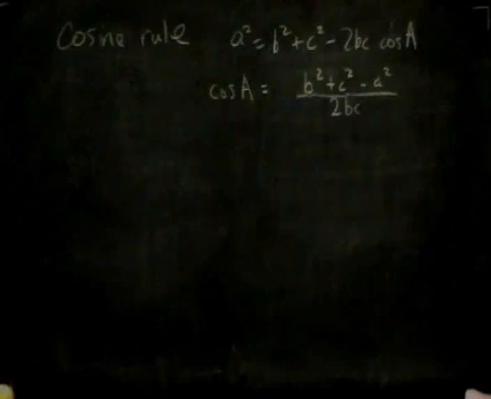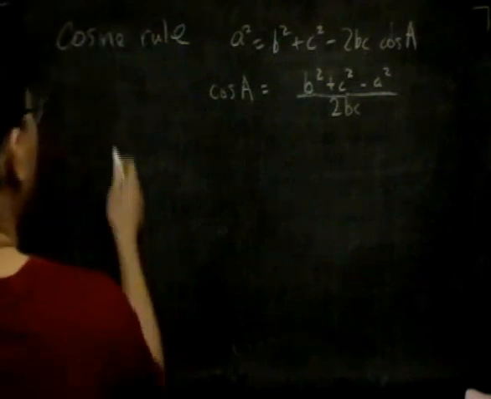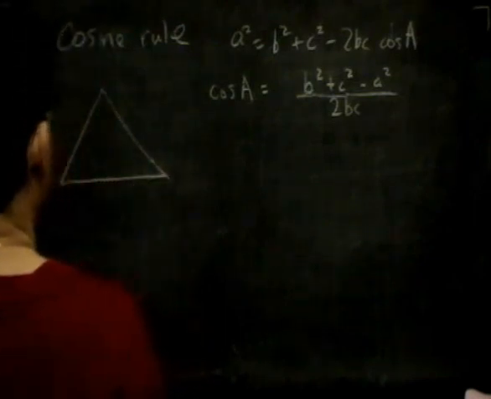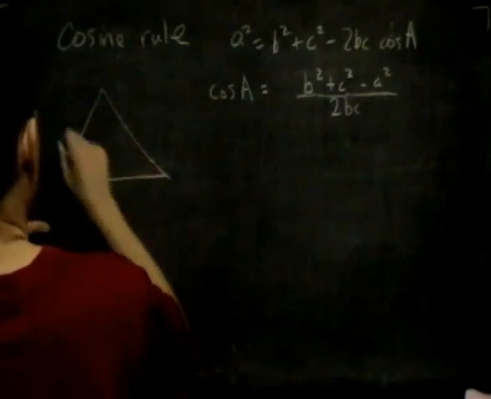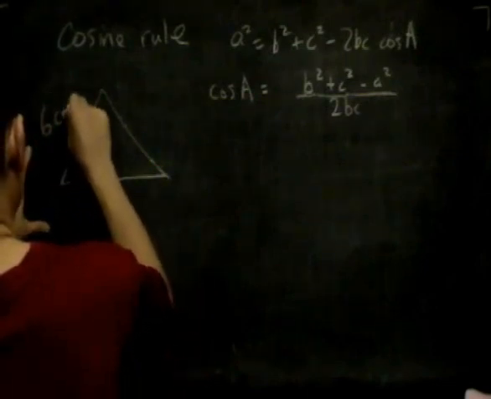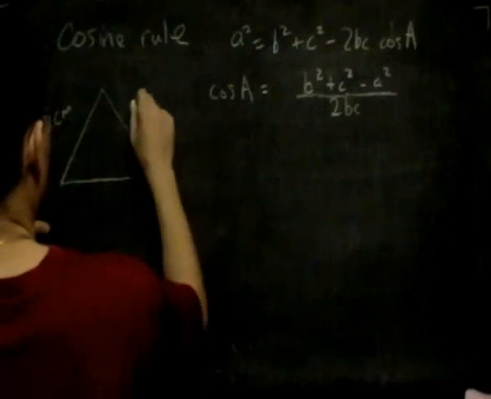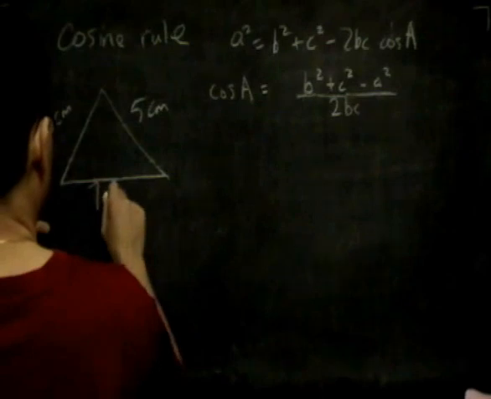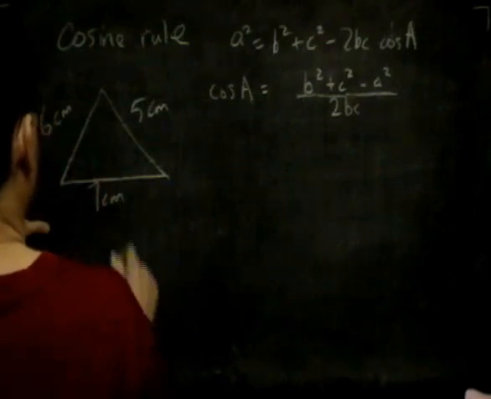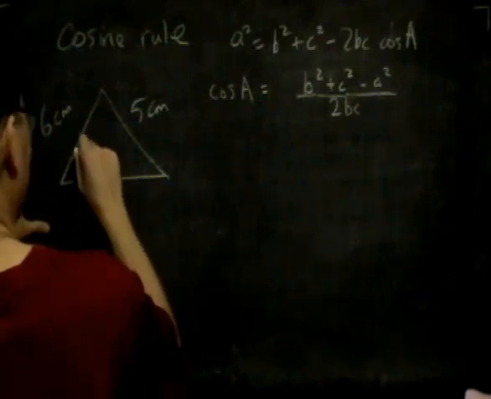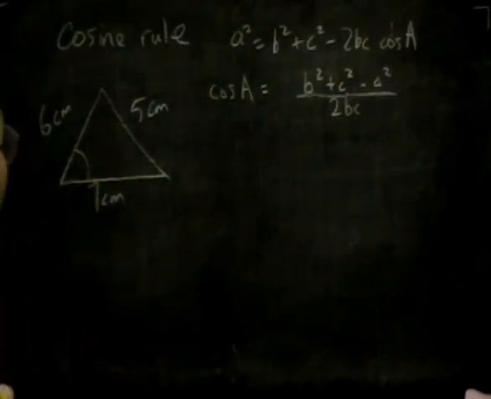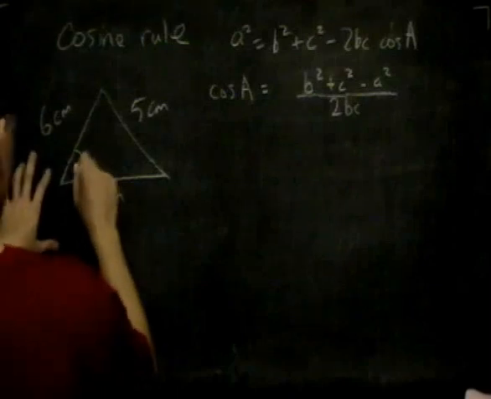So let's look at an example to see how this might work. Suppose this is 6 centimeters, this is 5 centimeters, and that's 7 centimeters. And suppose that the question is to find this angle. Find the angle x.